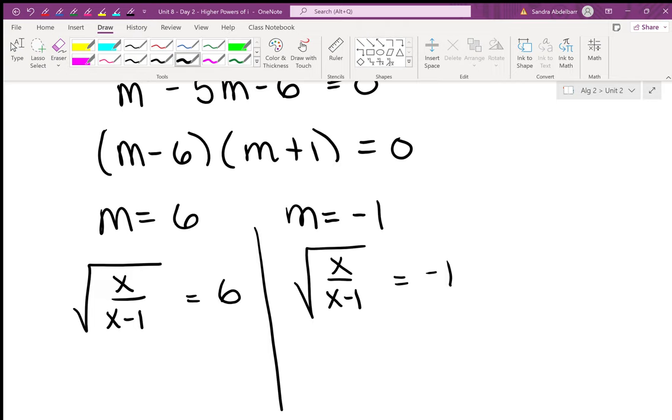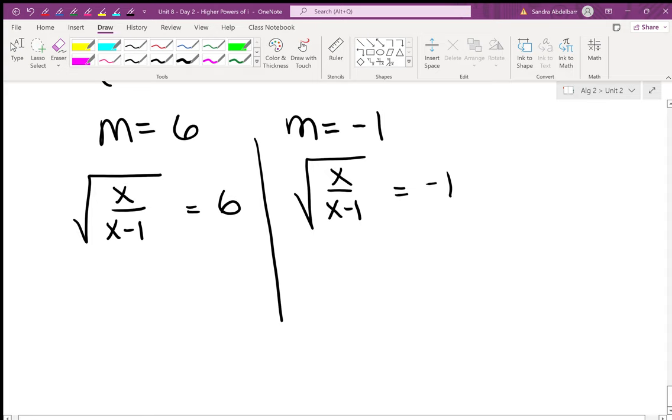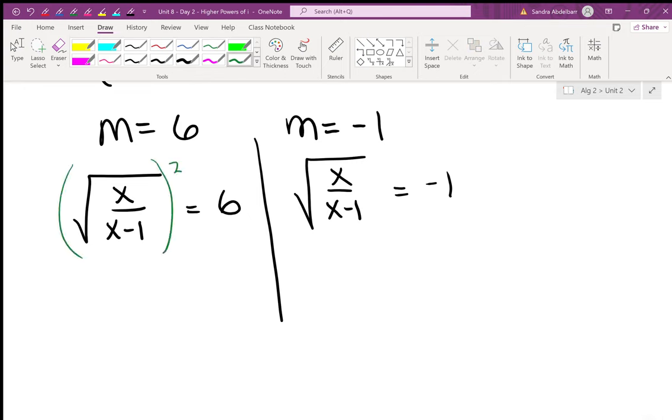I'm going to just focus on the left side right now. We'll talk about the right side in a minute. We know how to solve this. How do we solve it? Square both sides. You got it. So now I'm going to have x over x minus 1 equals 36. I'm going to cross multiply here.